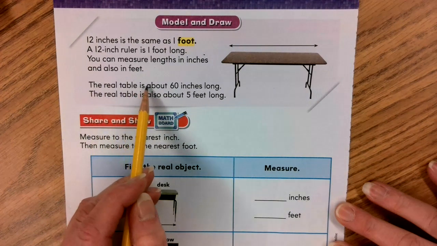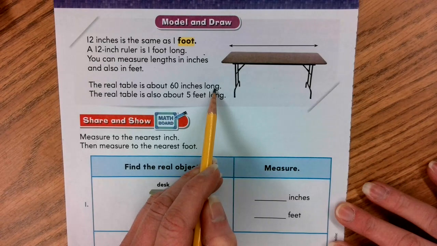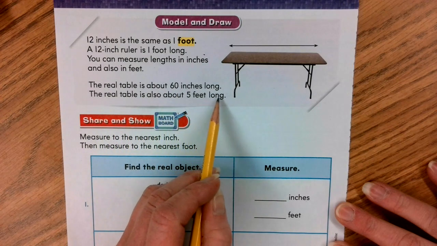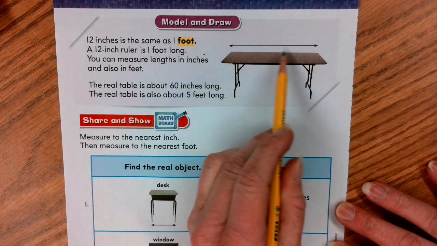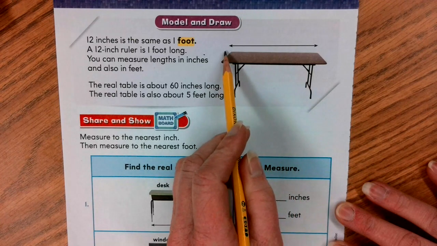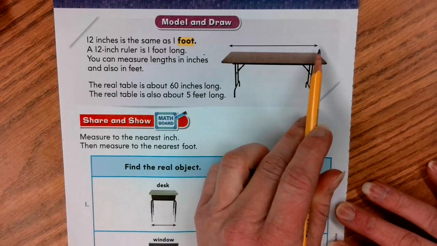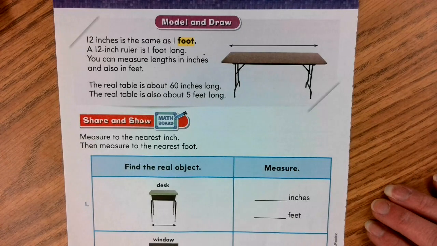The real table is about 60 inches long. The real table is also about 5 feet long. So when we measure the real table, not the picture, it would be 60 inches long if we measured it in inches, and it would be 5 feet long if we measured it in feet.